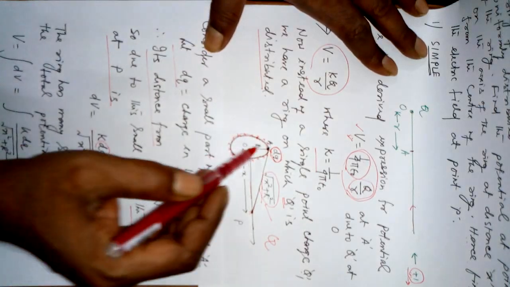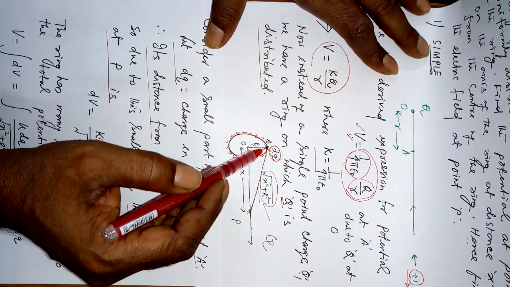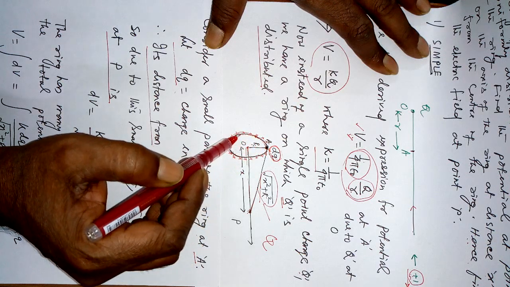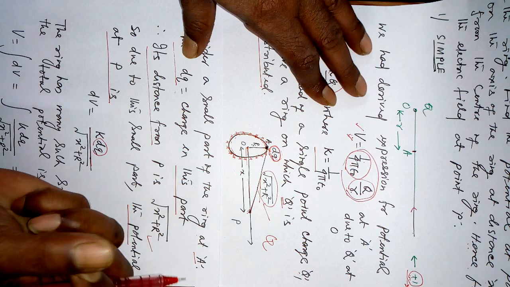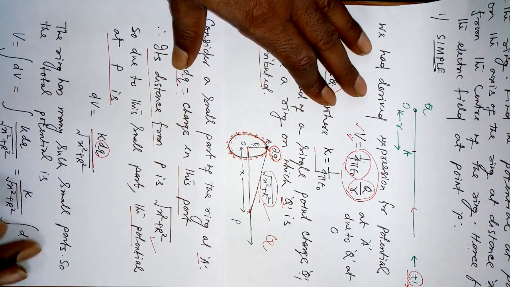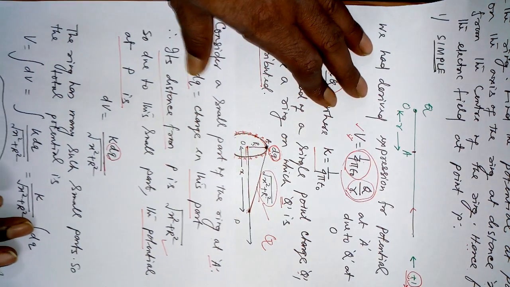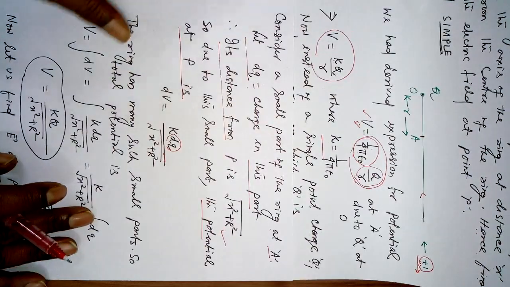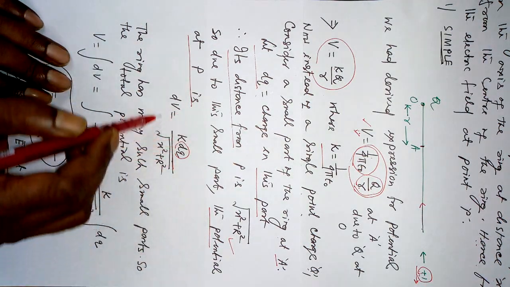Now this ring has a number of such dq, dq, dq all over the ring. So if you collect together, that is integrate, that will be the total potential here due to the whole of the ring. So due to the small part, the potential is dV.